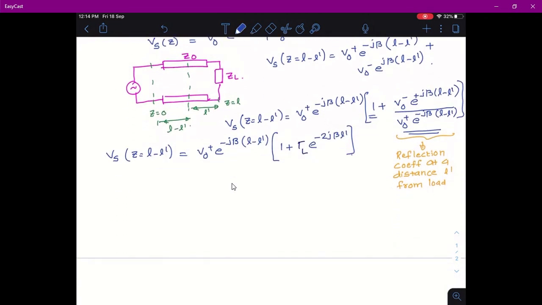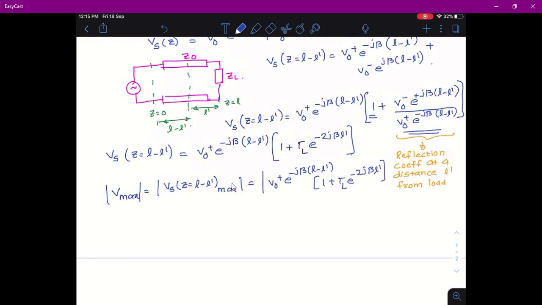So, I can write the magnitude of V max is the magnitude of Vs at Z equal to L minus L dash, maximum, that is equal to the maximum value of the modulus of e raised to minus j beta L minus L dash multiplied by 1 plus tau L e raised to minus 2j beta L dash, the maximum value of this.